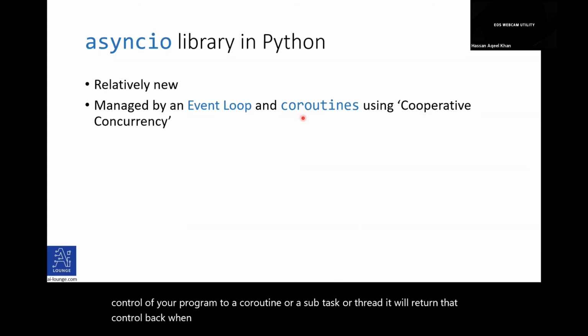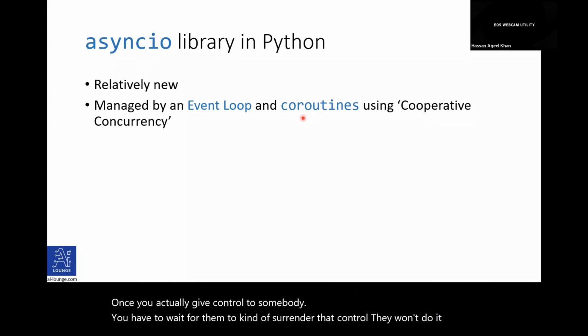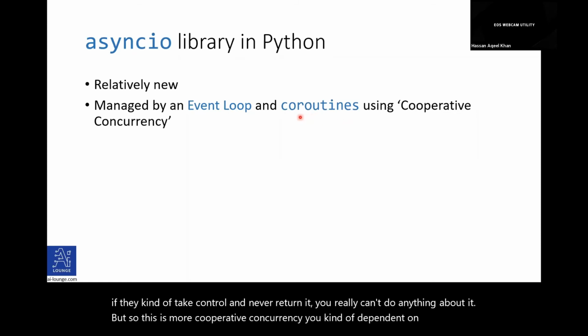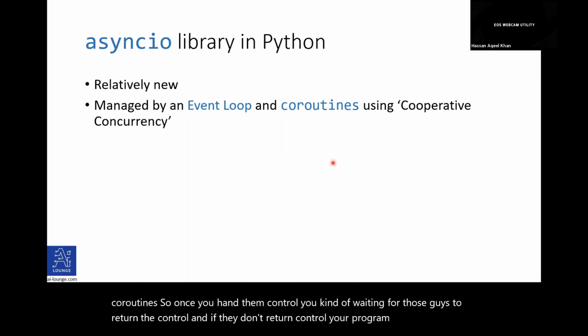So once you give control to somebody, you have to wait for them to surrender that control. If they take control and never return it, you really can't do anything about it. So this is more cooperative concurrency. You're dependent on these coroutines. Once you hand them control, you're waiting for them to return it, and if they don't, your program will get stuck.